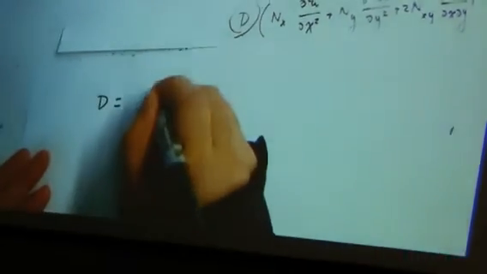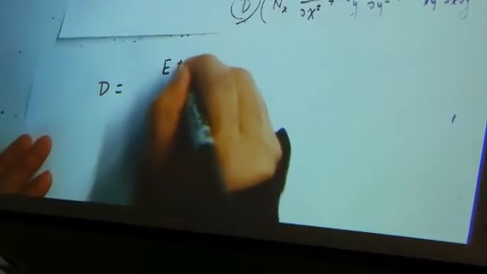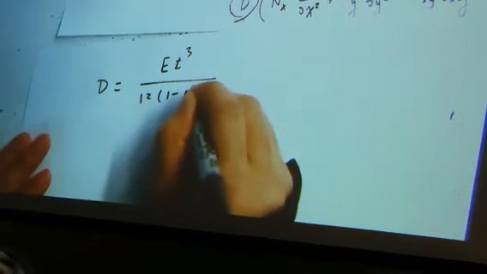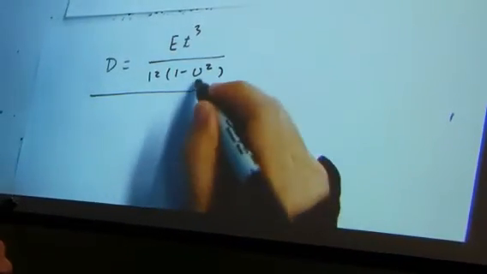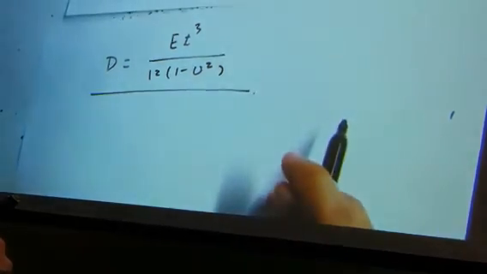D for the plate is E T cubed over 12 times 1 minus mu squared. This is constant. T is the thickness, E is the modulus, and mu is the Poisson's ratio of the plate.